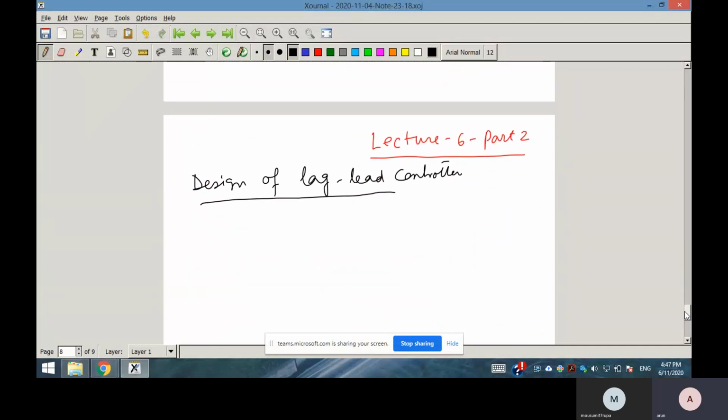Now for the design, we will use the same algebraic method as we used for the lag and lead controllers. So what is the objective?